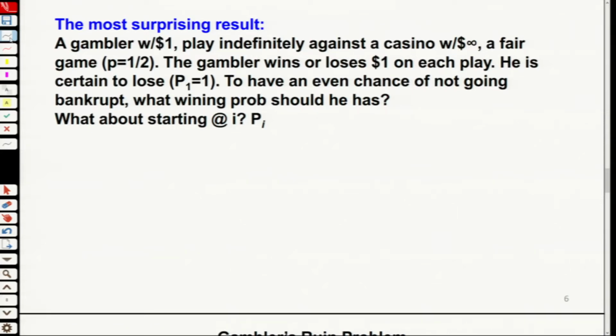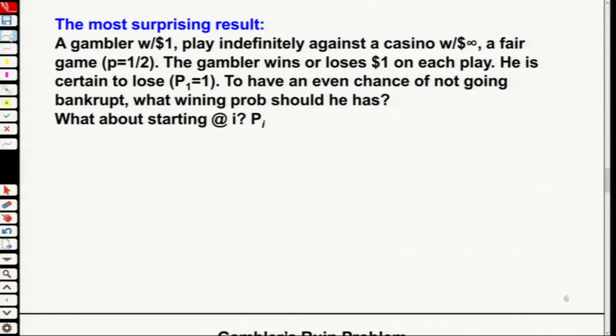That means if you go to the casino and you really want to have half a chance to win, and you play indefinitely, the coin should not be fair when you toss the coin. And you should have at least 2/3 probability, because our money is limited.